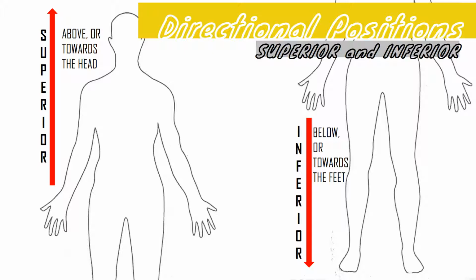So for example, I'm going to draw one red X here and one blue X here. I would say that this red X is superior to the blue X, or vice versa, I would say the blue X is inferior to red X.